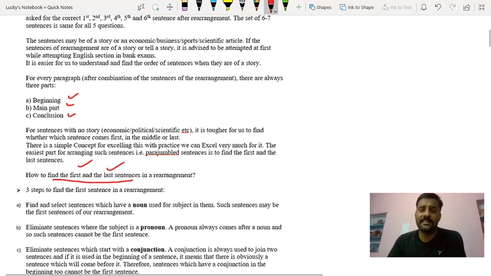The first and last sentences are among the easiest to find when we make the rearrangement, as the jumbled sentences will be in an order where we need to find the first one, second one, third one, fourth one, fifth one, and sixth one. So the easy ones are number one, the first sentence, and the last sentence.